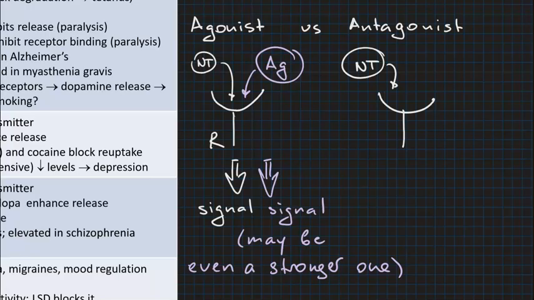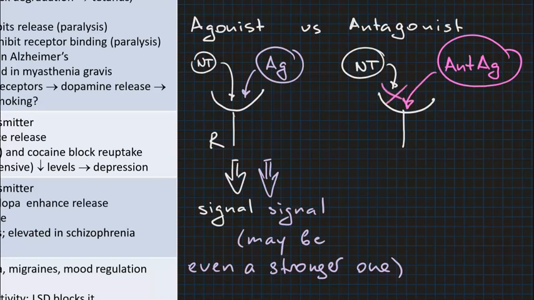But when you use an antagonist, it will bind to the receptor, block neurotransmitter from binding to it, and there will be no signal. Do you see the difference in the relationships between the agonist and antagonist? The most important thing is that both of these types of molecules bind to the receptor, the target receptor.